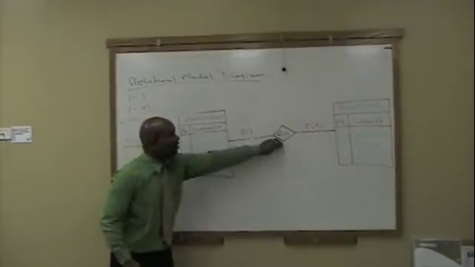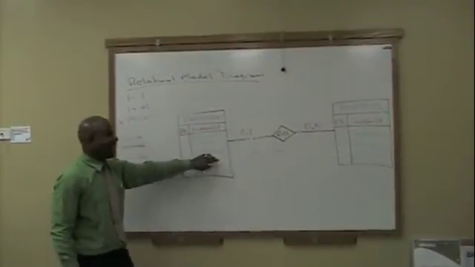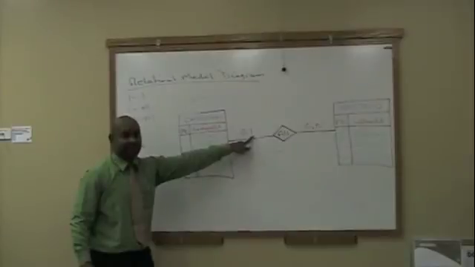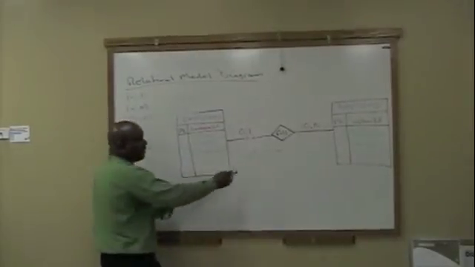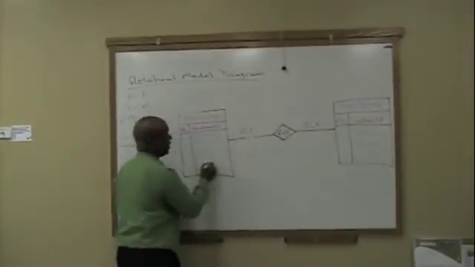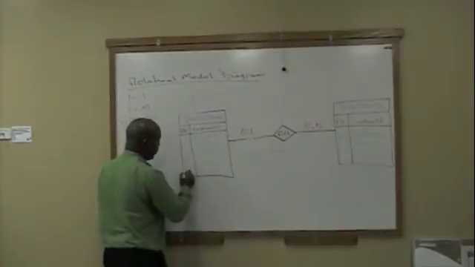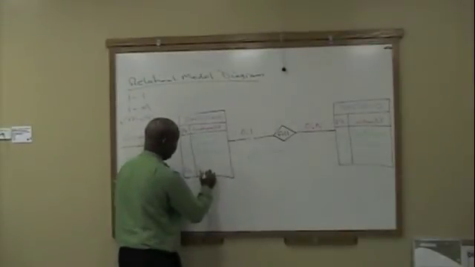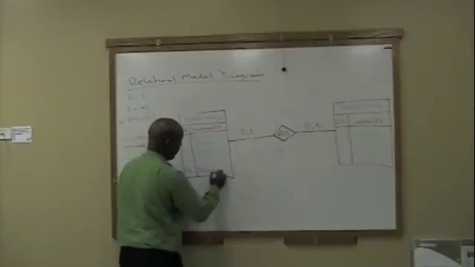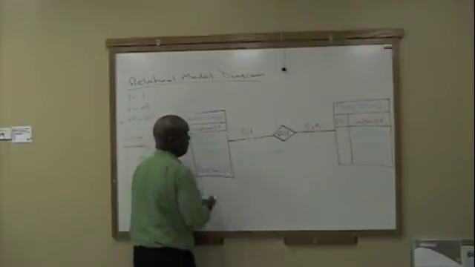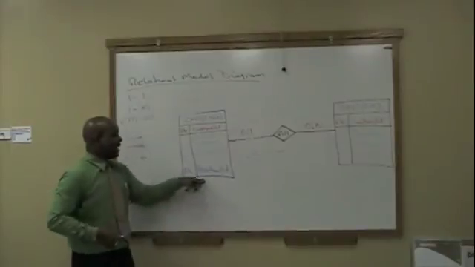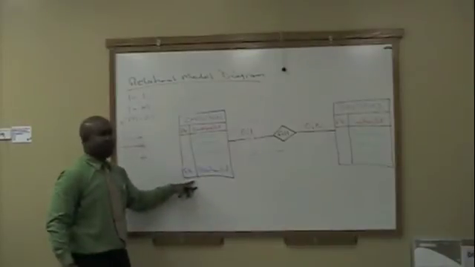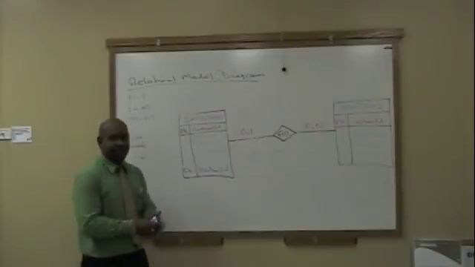And because the relationship is being absorbed into this entity, always the one side of the entity, it brings something with it. And what it brings with it is what we call the foreign key, and that is the position ID. So the position ID becomes part of this here as a foreign key.